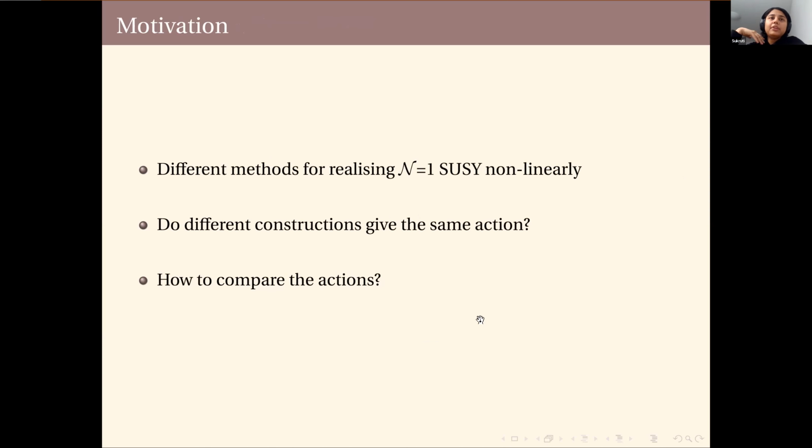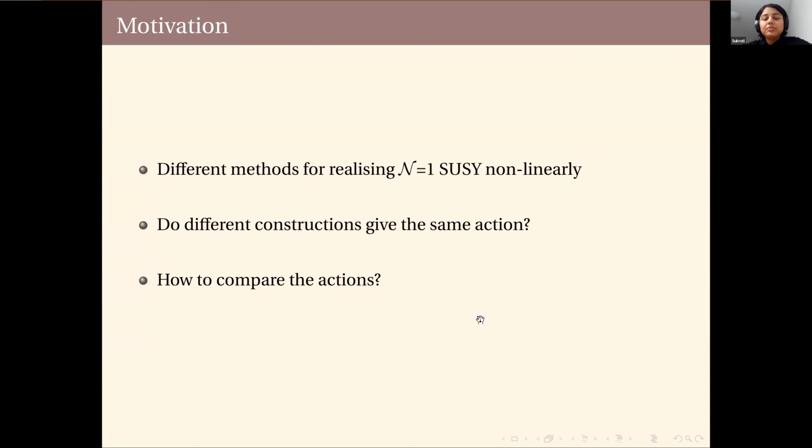Some of the questions that I will address in this talk are: what are these different methods that I just mentioned, and how do they work? A natural question to ask is whether the different actions that we get using these methods are physically the same, or fundamentally different.